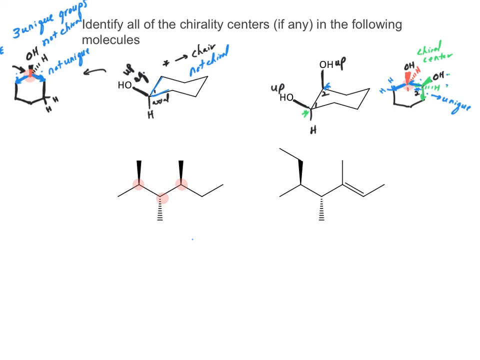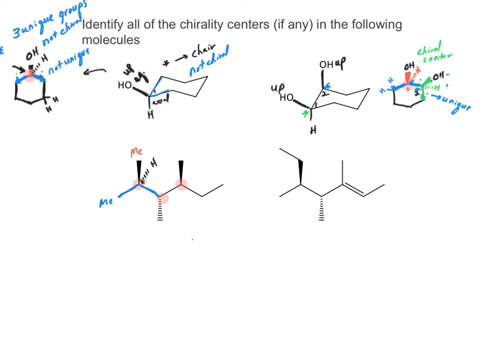So if we start over here at this carbon, notice that we've got a methyl group. This is on the wedge. That means that we've got a hydrogen that's on the dash, so that's 1, 2 unique groups. We've got just stuff out here, so a lot of carbon stuff out here. And then down here, what do we have?